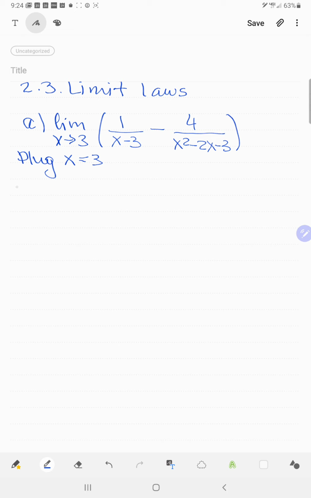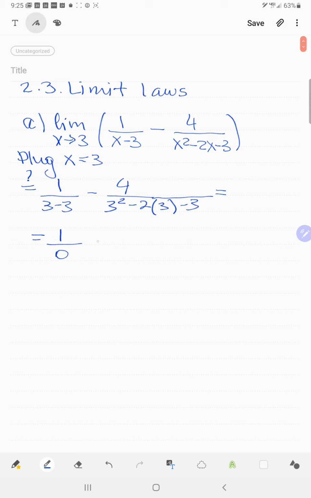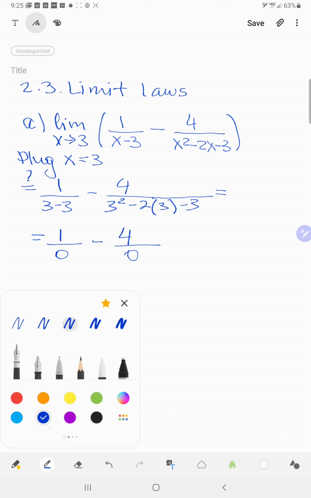If we plug in, we get 1 over 3 minus 3 minus 4 over 3 squared minus 2 times 3 minus 3, which gives us 1 over 0 minus 4 divided by 9 minus 6 minus 3, which is 0 again. And we cannot divide by 0. That's why we cannot just plug in.